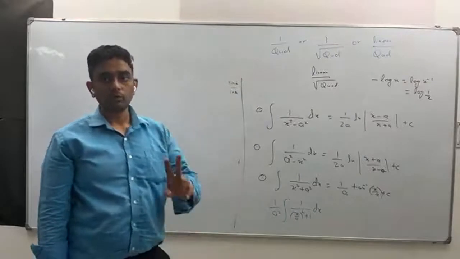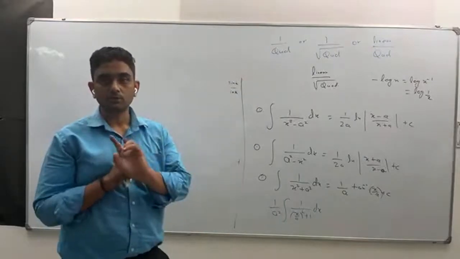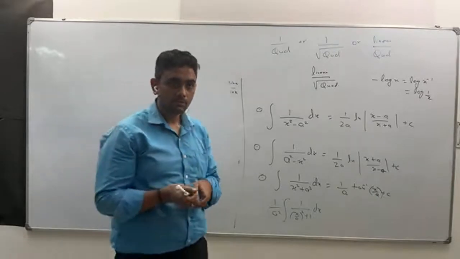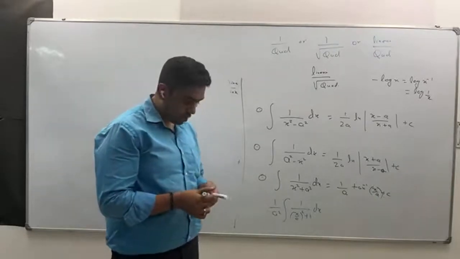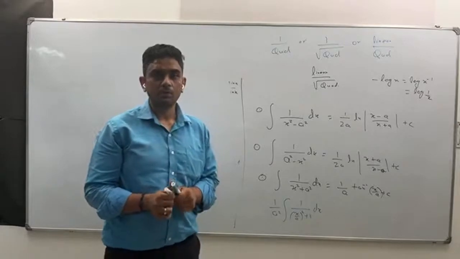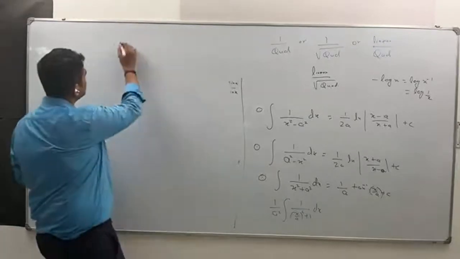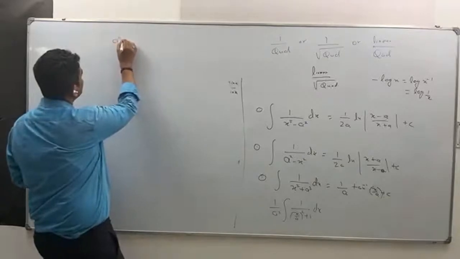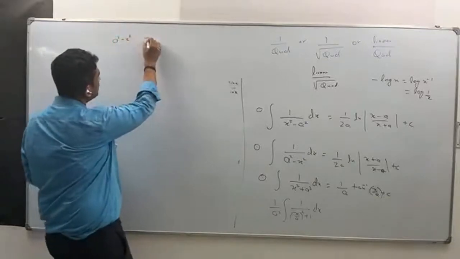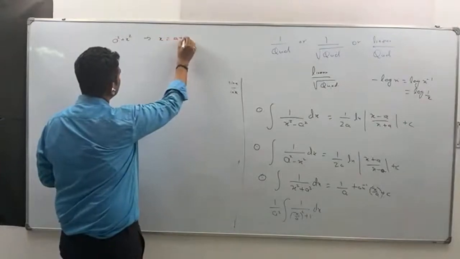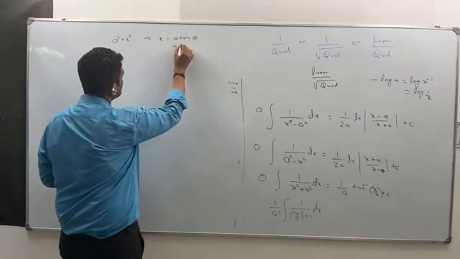Okay, for the upper thing, there are two ways you can do it, partial fraction and substitution. Which one do you want, partial fraction or substitution, or both? Substitution. So you should always follow the standard substitution, although you might not require it much for your boards. Whenever you get a square plus x square, you always substitute x as a tan theta or a cot theta.